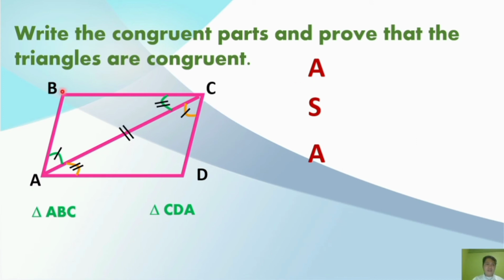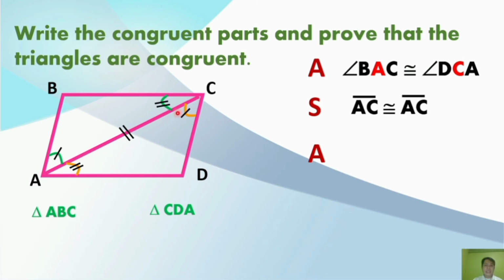We have here angle BAC and angle DCA. So this angle here is angle BAC, and this angle here is angle DCA, and they are congruent. How about the included side? Side AC is congruent to itself, or side AC is congruent to side AC.